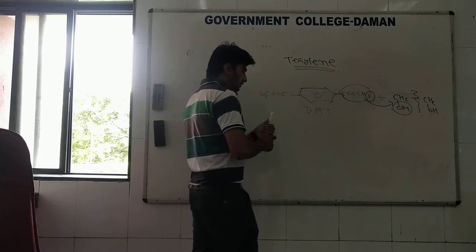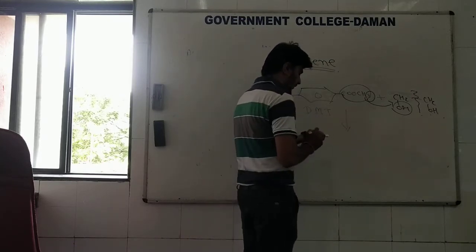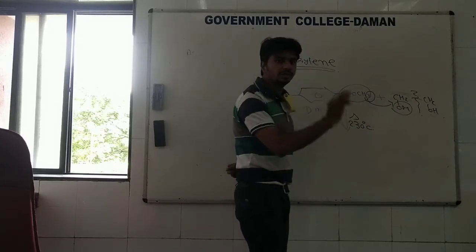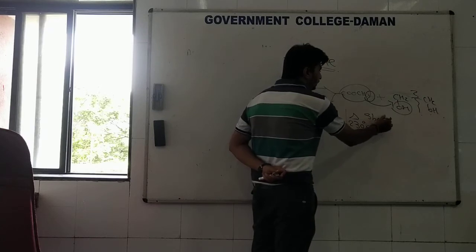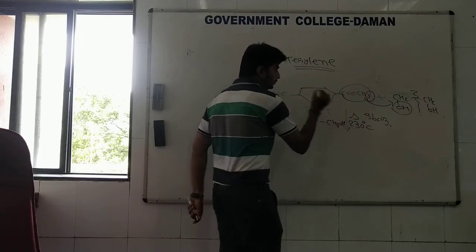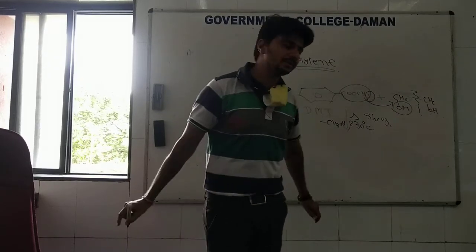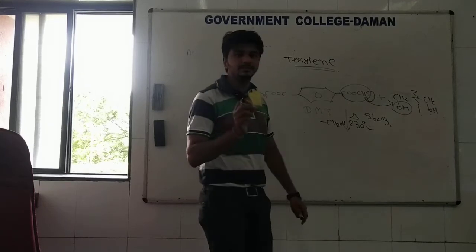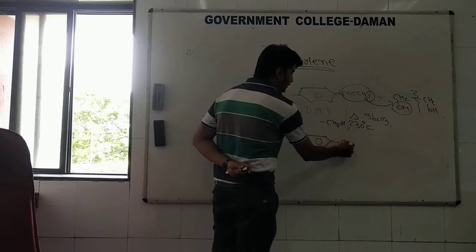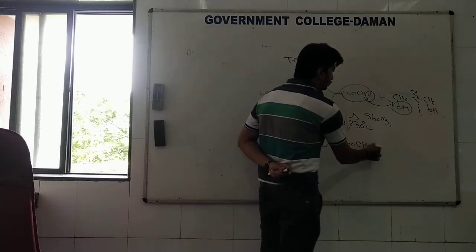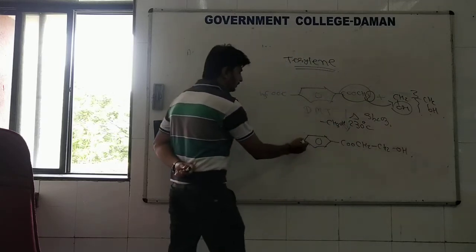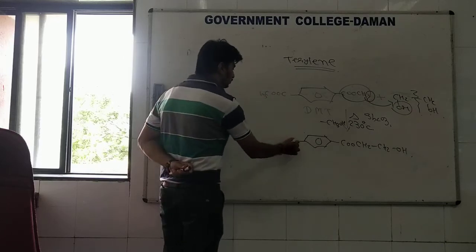We require a higher temperature, such as 230 to 250 degrees Celsius, in the presence of an Sb2O3 catalyst, so that the methanol molecule is removed by a simple condensation reaction, and you get the product, or we can write the structure like this: COOCH2CH2OH. Similarly, the fourth position also contains an ester group.